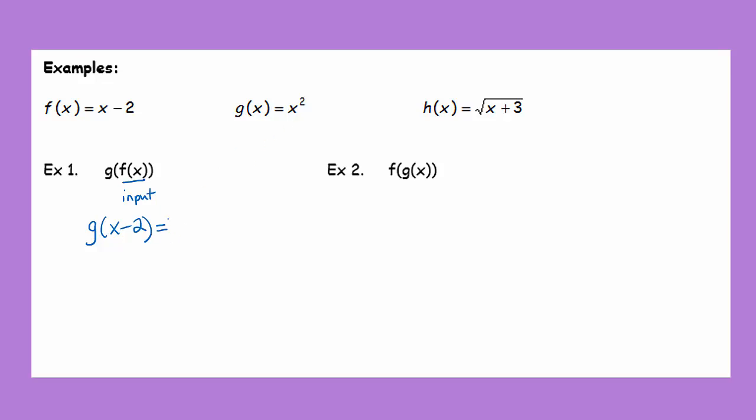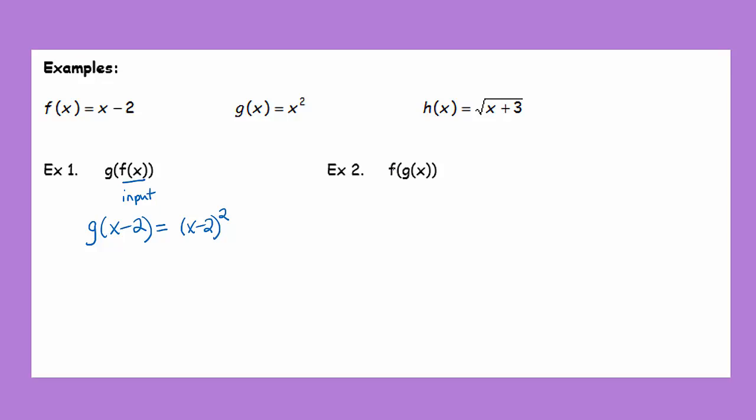The g of x function is just this x squared. So we're going to substitute in an x minus 2. Notice I put that in parentheses so it all gets squared to get our new composed function. If we wanted to actually square this, we could. I don't see a need in doing that right now. I would just leave this as the answer.